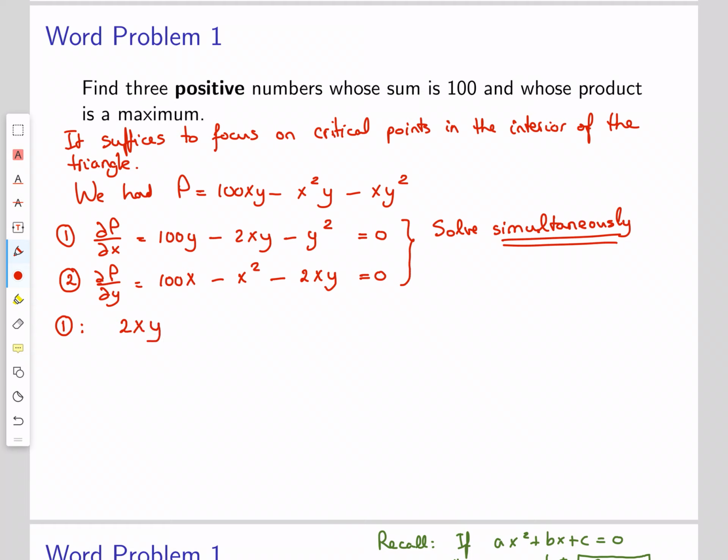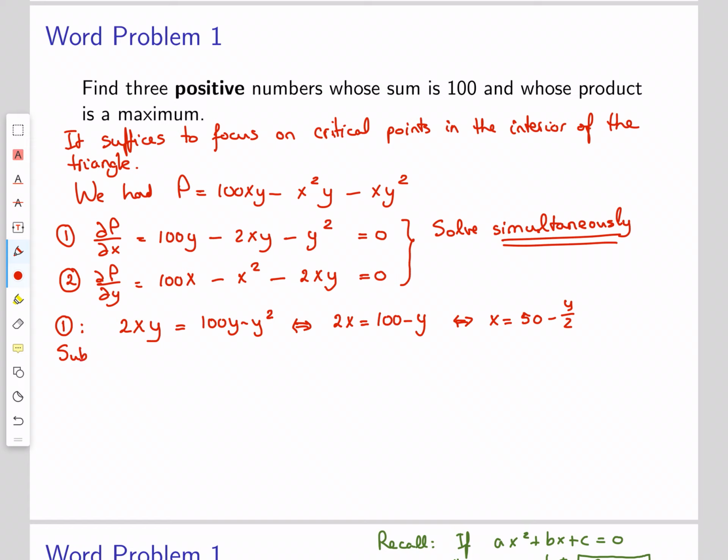So the first step would be to write 2xy is equal to 100y minus y squared. But that is equivalent to, let's divide both sides by y, so 2x is equal to 100 minus y. We know that we're not dividing by 0 because y cannot equal 0. And then that would be equivalent to x is equal to 50 minus y over 2.